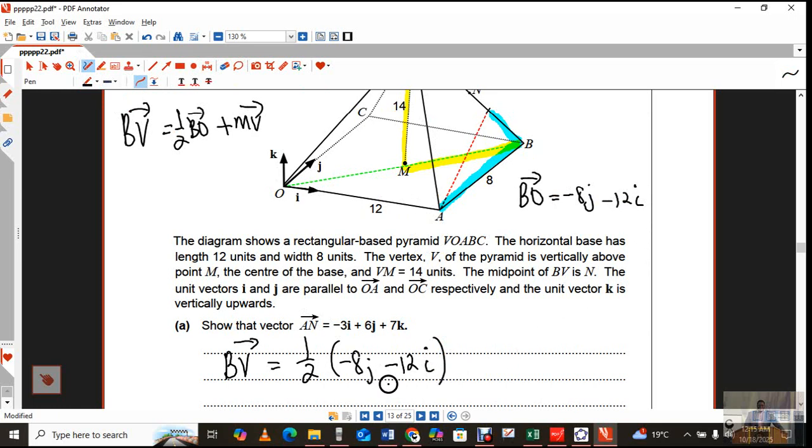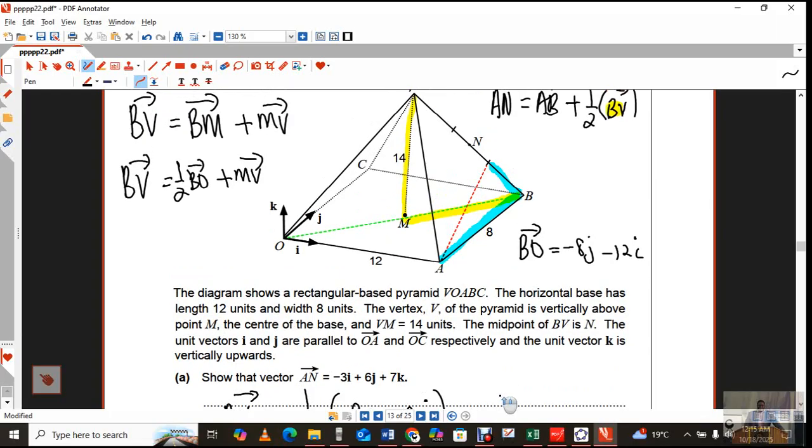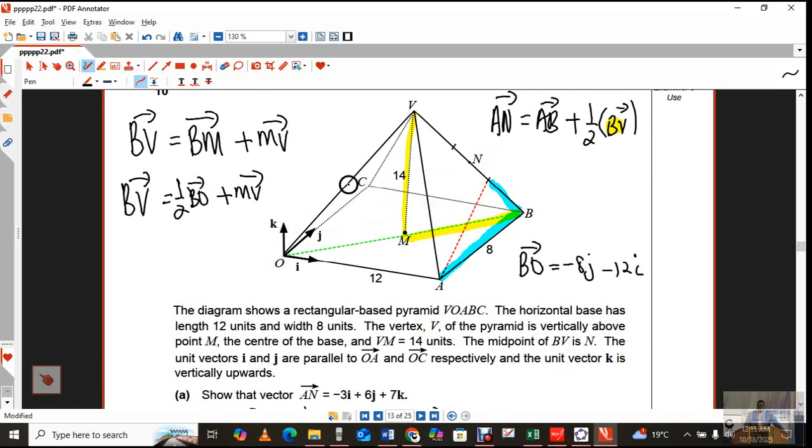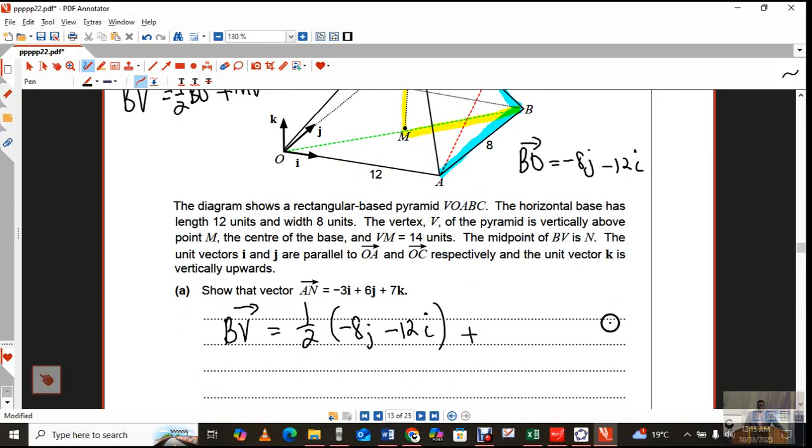That is BO. What is MV? MV is easy. You can see that you are going up, so that's 14K. Okay, 14 in the K direction. So 14K. So let's clean this up a bit to find what BV is.